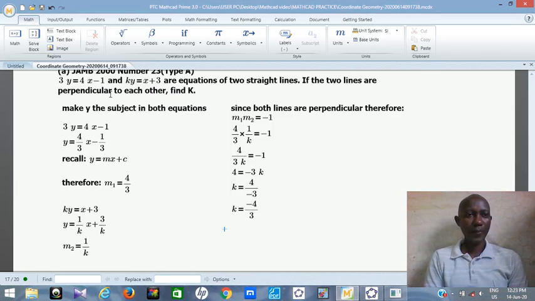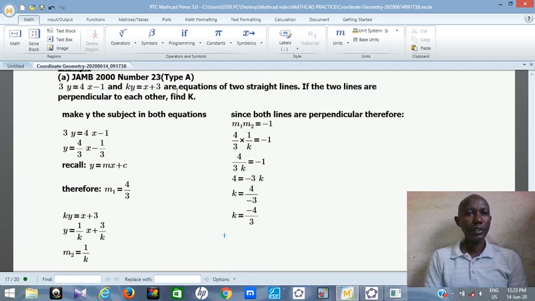Take note of that. When you have these two lines that are perpendicular to each other, the value of k is going to be minus 4 over 3. So that is all for this first question. k is minus 4 over 3. Let's try another question.